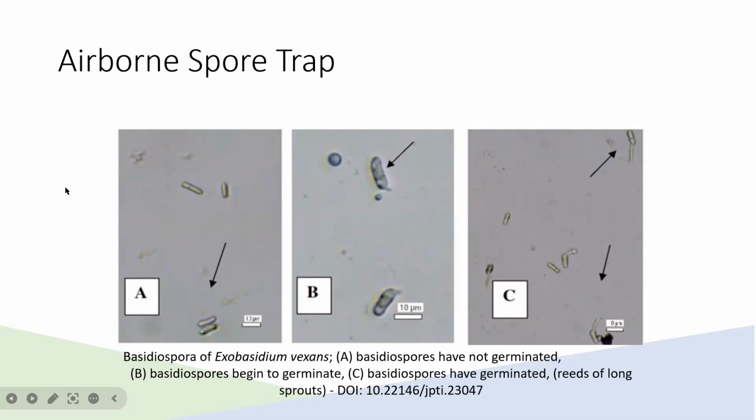If you want to see when the inoculum attaches to the medium or your trap, it will look like this picture. This is a basidiospore of Exobasidium vexans that infects tea. You can see some basidiospores that we can catch in the spore trap.